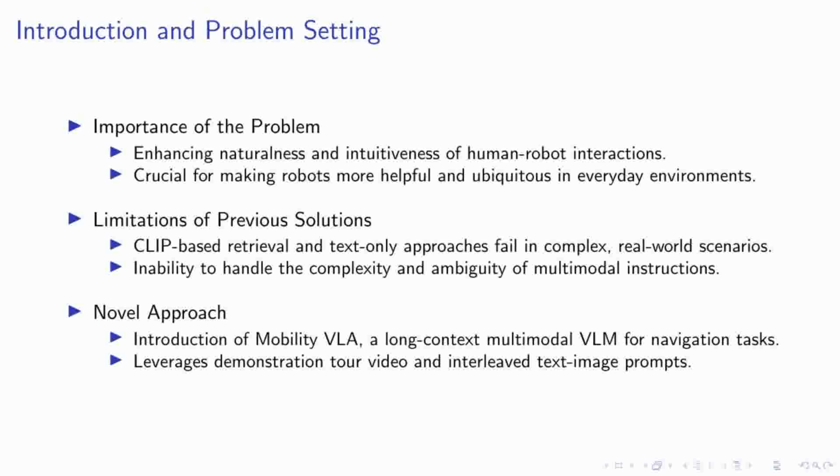This innovative approach leverages a demonstration tour video combined with interleaved text and image prompts, enabling the robot to understand and execute complex, colloquial instructions that previous technologies could not handle effectively. This capability marks a significant advancement in making robots more helpful and ubiquitous in everyday environments.